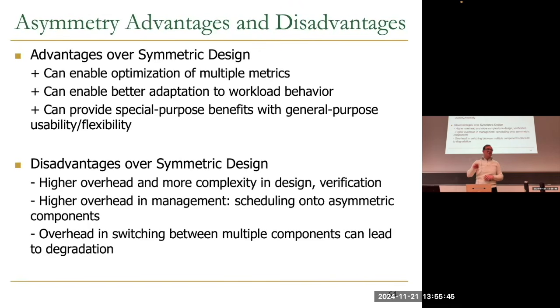Now you need to switch, and there's always overhead in switching. There's no free lunch, unfortunately. And these are the three major overheads, I think: complexity, scheduling or management overheads, and also switching overheads. And we will see this over and over and over in any heterogeneous design.